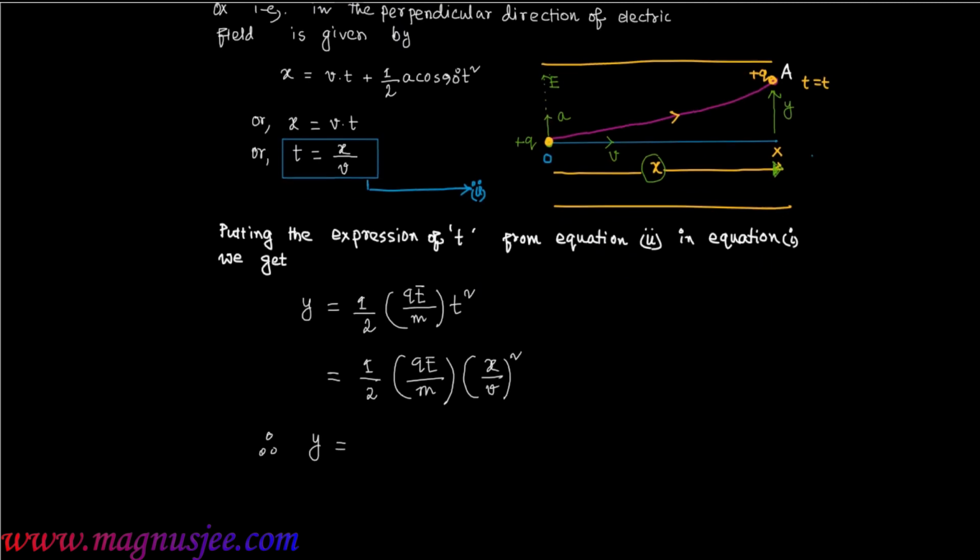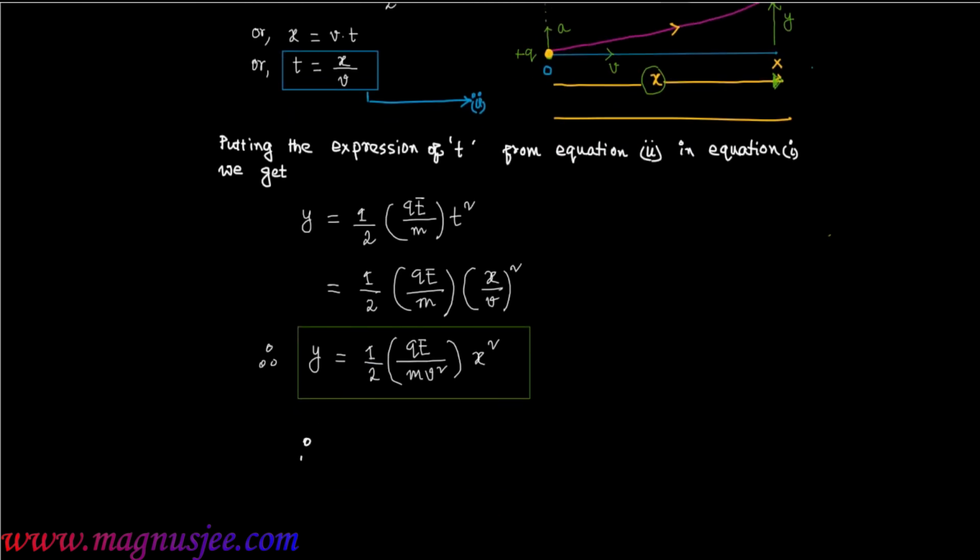Therefore, y equal 1 by 2 (qE by mv square) into x square. Therefore, y is proportional to x square. This is the equation of a parabola.